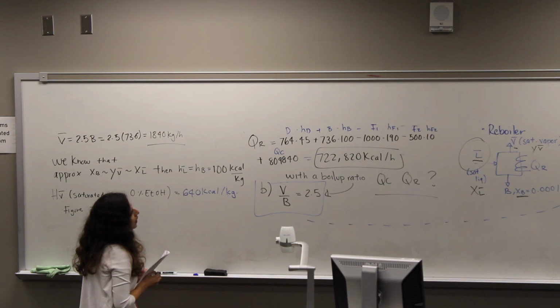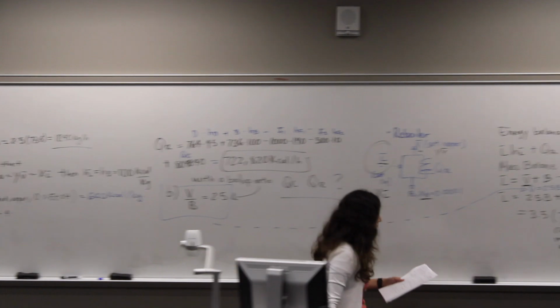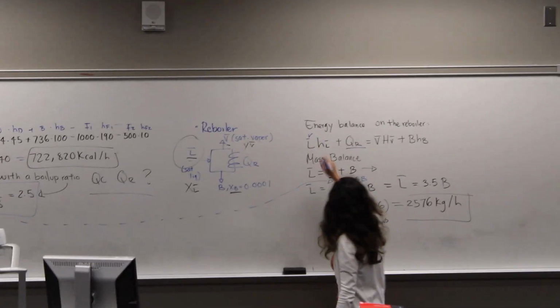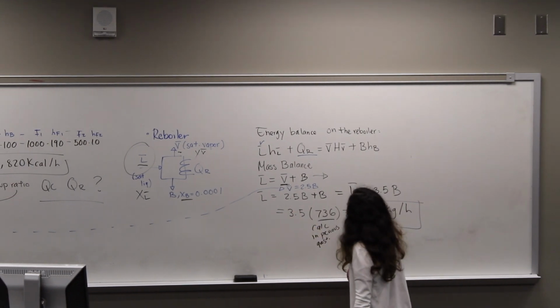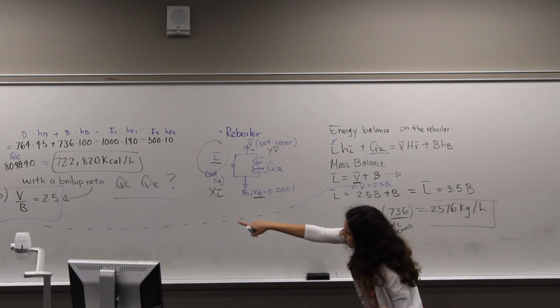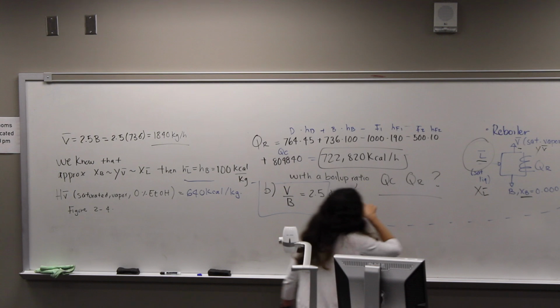So I think we are ready to get QR out of the energy balance for the reboiler because we have defined this one somewhere here. We have HL, right? That is the one that we approximate, because of the compositions of the reboiler.